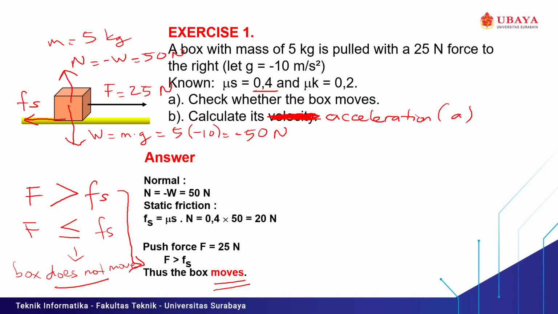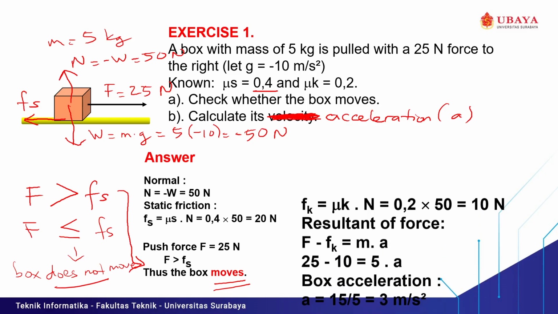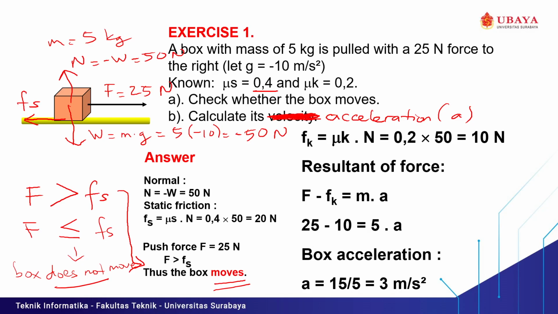Now we have answered A. Now we can calculate B. What is its acceleration? Because we know that the box moves, we must calculate Fk. Fk equals mu k times the normal force.